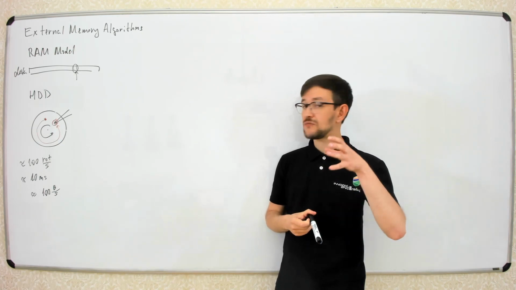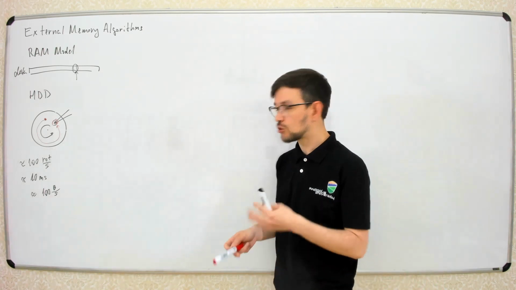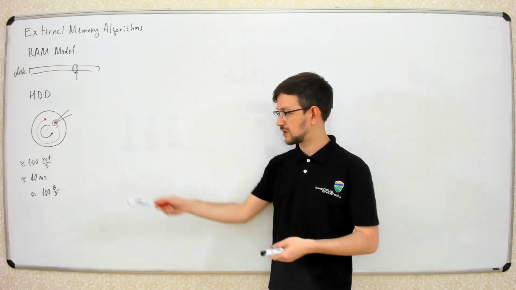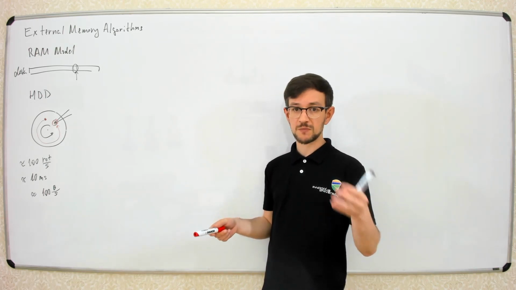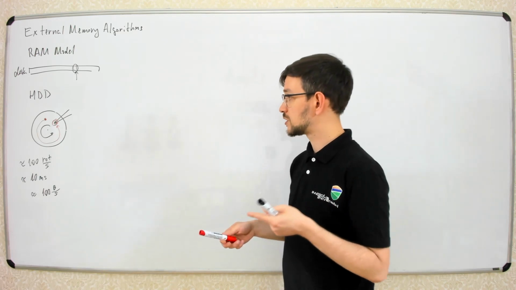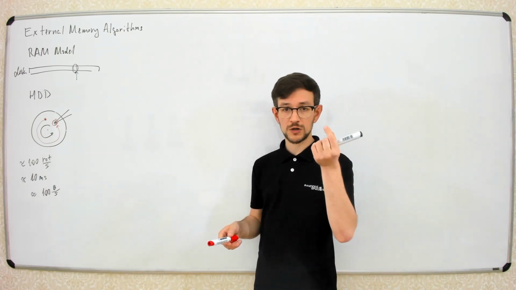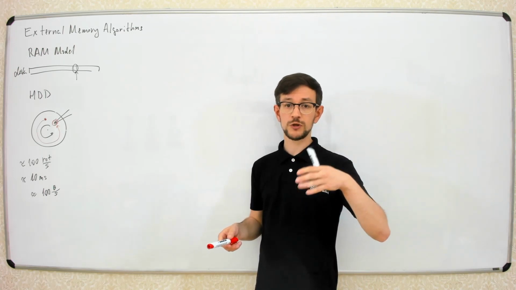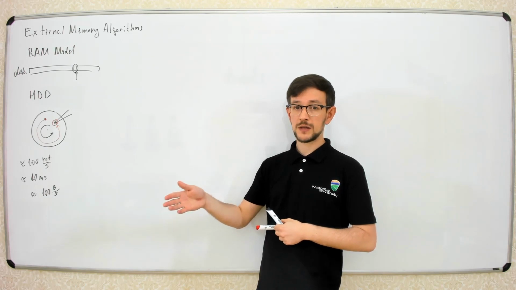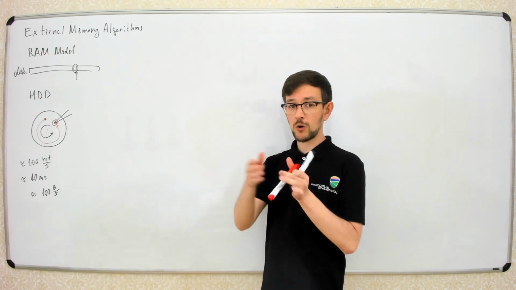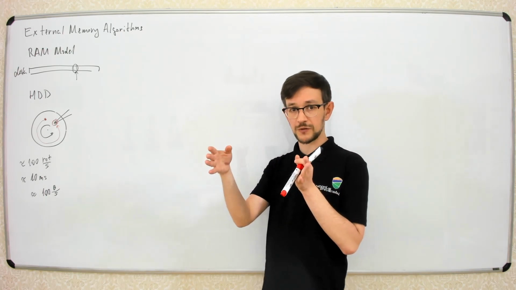In contrast, you can read data from the disk much faster. Why can you read data from disk much faster? Because you are not reading only single bytes. Usually you want to read a lot of bytes from disk. If you have a file on your hard disk and you want to read the whole file, usually the bytes of the file are pretty close on the surface of the disk.